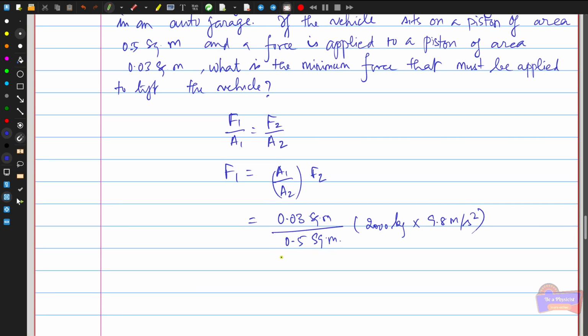Now I can calculate this as 0.06 multiplied by 19,600, so I get 1176 Newton. This is the minimum force required to lift this 2000 kilogram vehicle.